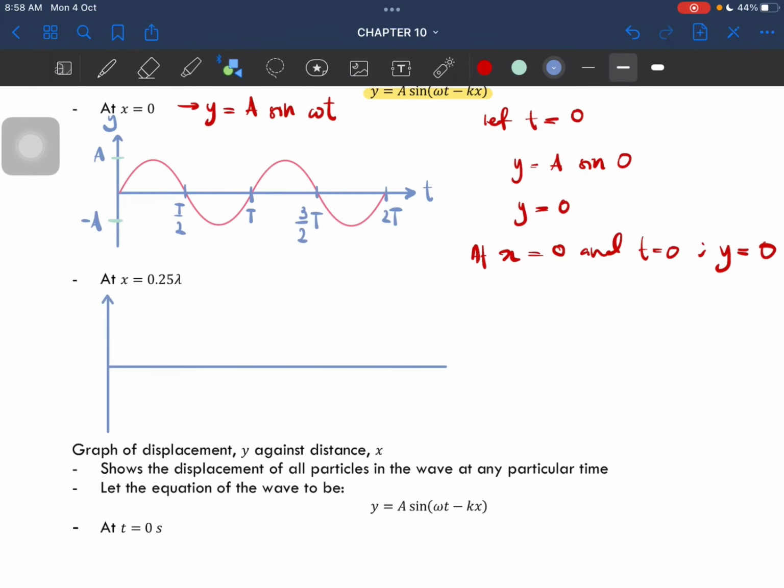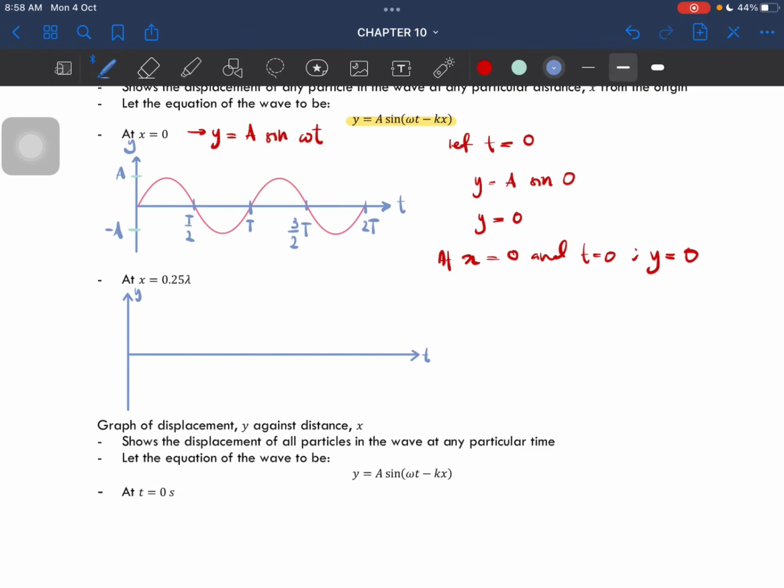Okay, so this is y, this is t. So now we are going to let x equal to 0.25 lambda. So y is equal to a sine omega t minus 0.25 lambda.